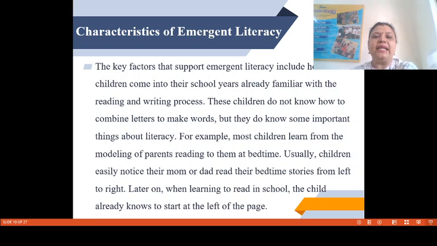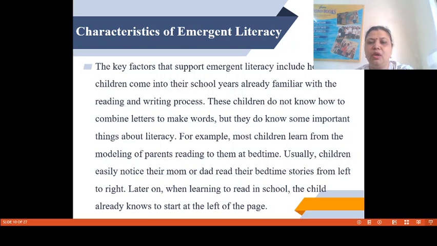Now, there are certain characteristics of emergent literacy and what they are. So, the very first is the key factors that support emergent literacy include how some children come into their school years already familiar with the reading and writing process. These children do not know how to combine letters to make words, but they do know some important things about literacy.